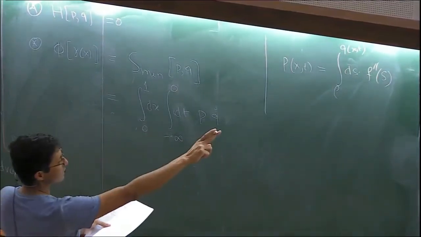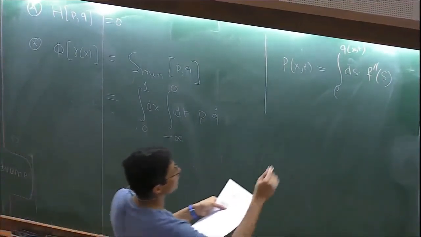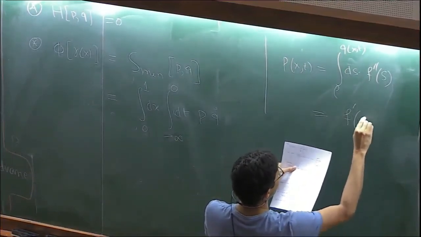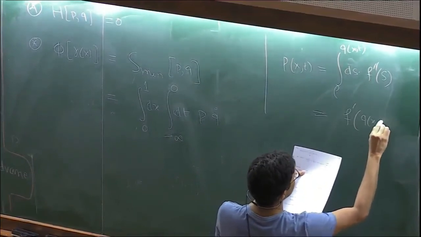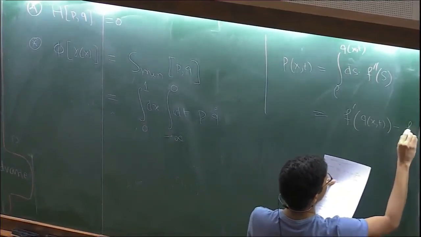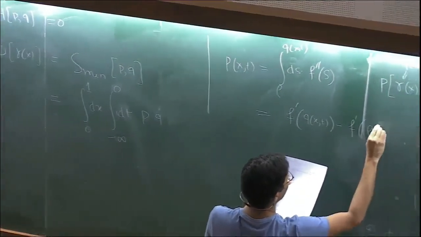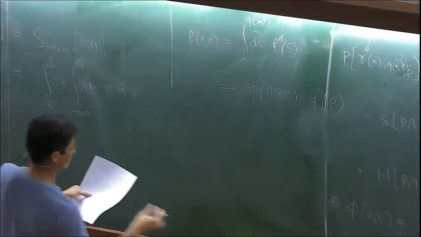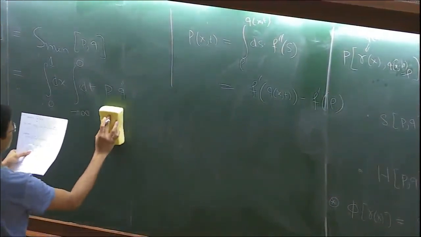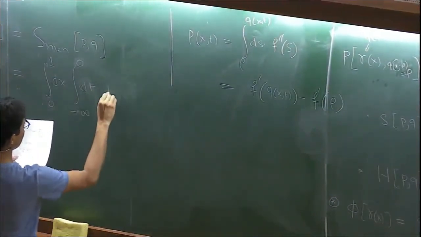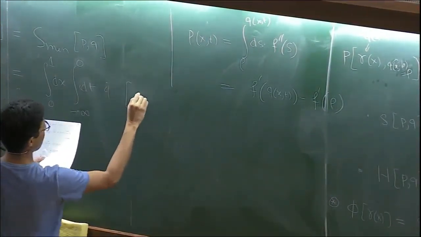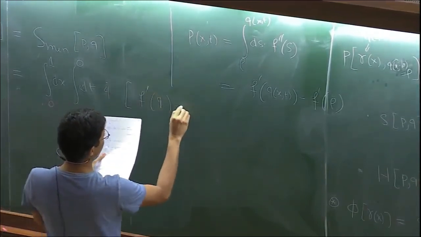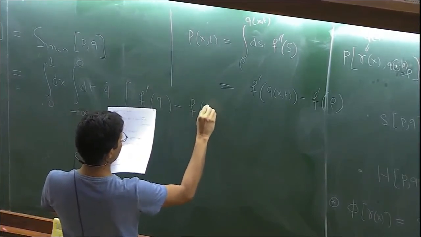And I take that and put it here. So first let's write this: F prime of Q xt minus F prime of rho. Take that and put it here. So I'm just going to rewrite this part as Q dot F prime at Q minus F at rho.